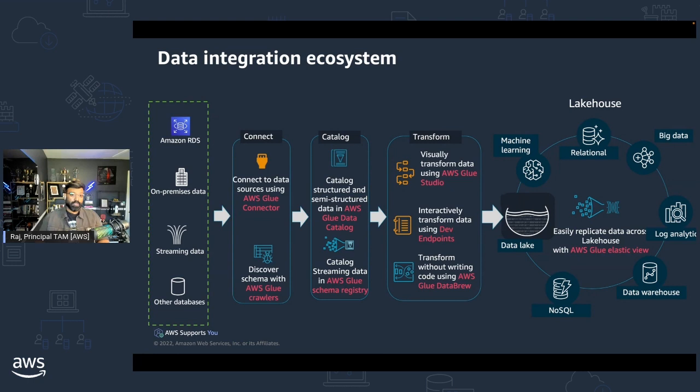I would like to give you a holistic view of the data aspects within machine learning, and hence the slide. What you see here is a typical data integration ecosystem, where you start with different data sources such as Amazon RDS, on-prem, streaming data, and other databases. That's what you see on the left side.